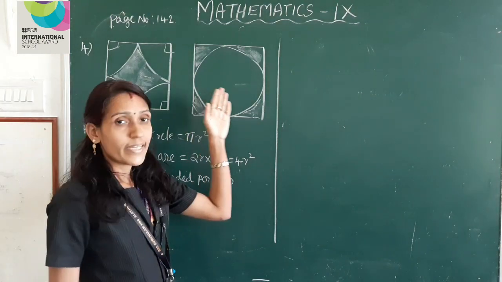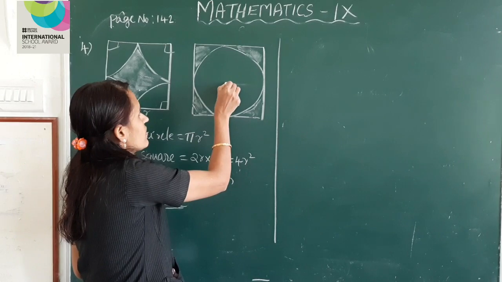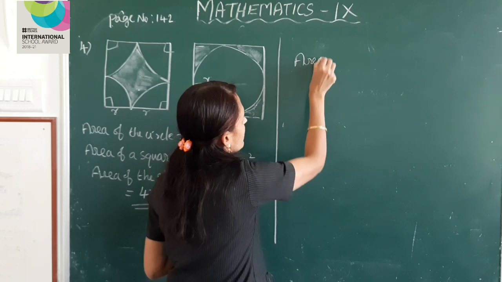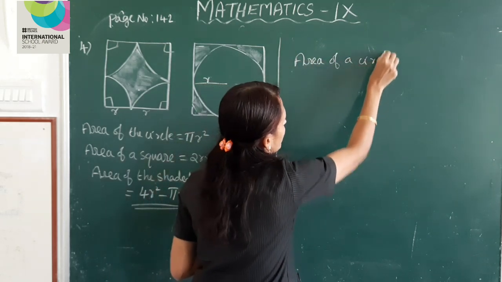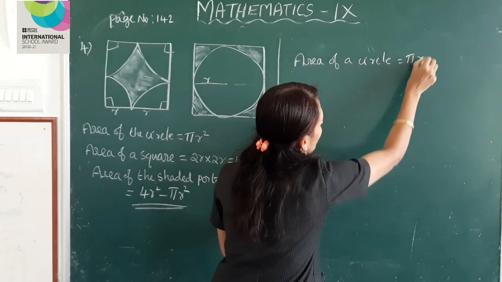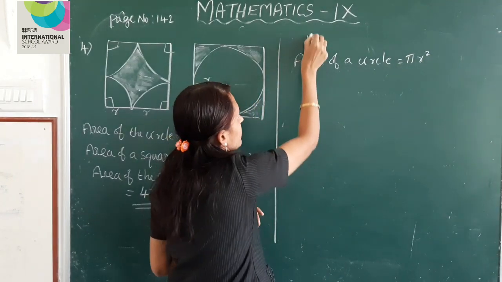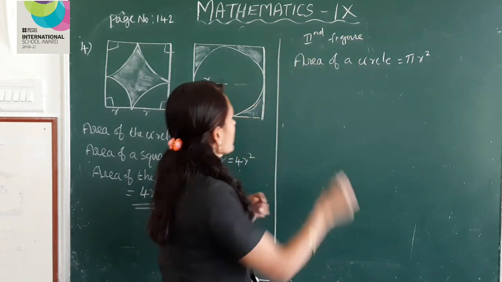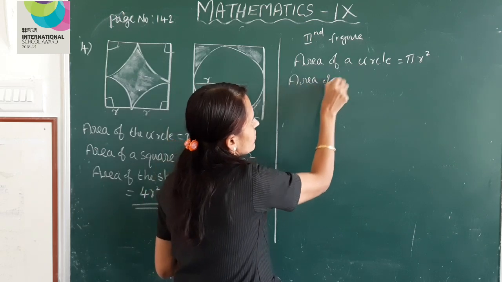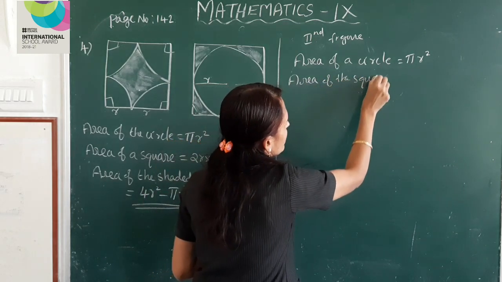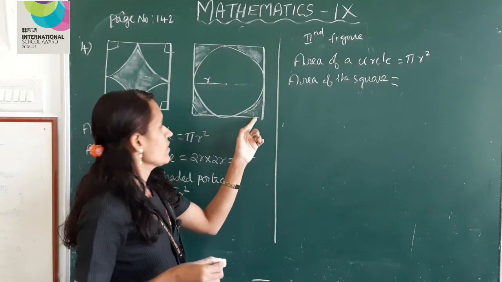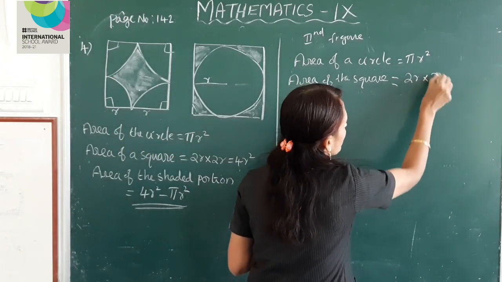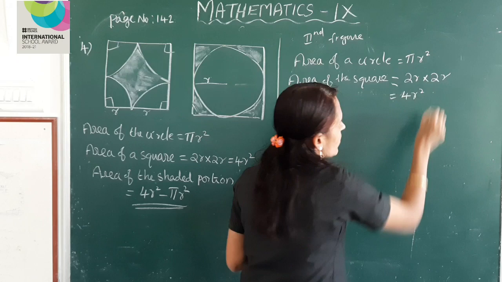Clear? Radius of the second picture is r. So area of a circle is equal to pi r square. Second figure. Area of the square is equal to, here one side of a square is 2r. So 2r into 2r, this is equal to 4r square.